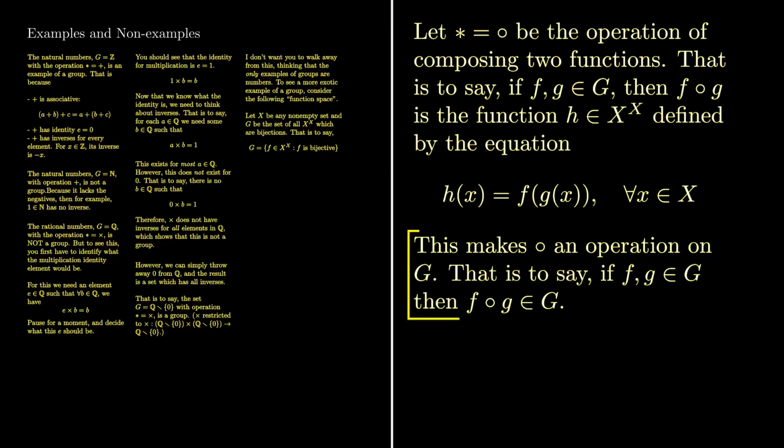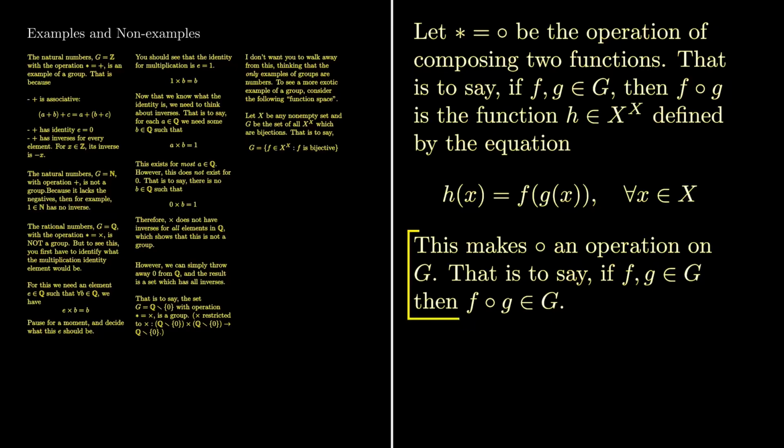Now, I claim that with composition, we have an operation. That is to say, if you give me some two f and g in big G, then their composition is also in big G. Now, to check that, you have to notice that the composition f compose g is a function from X to X. That's part of what it is to be in big G. Also, you have to check that it's a bijection, because that's the other defining property of big G here.